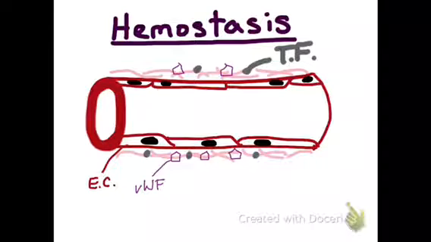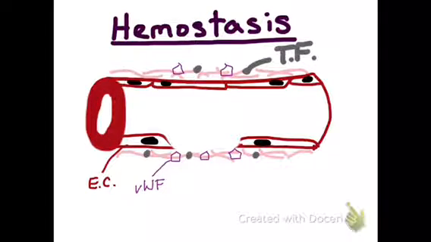So when the blood vessels are injured, there is loss or death of those endothelial cells, and that leads to exposure of the subendothelial collagen and release of lots of vasoactive substances from the injured endothelial cells. Those vasoactive substances first lead to vasoconstriction.